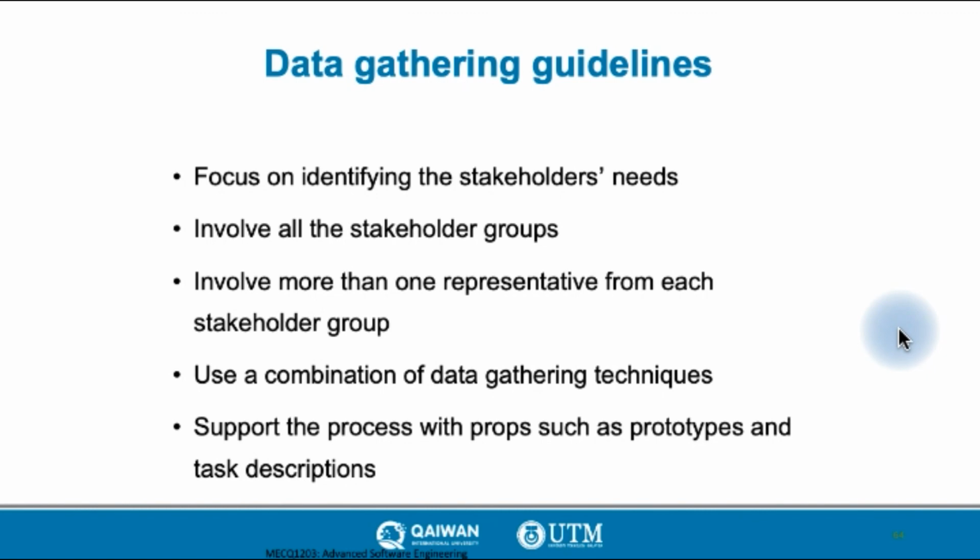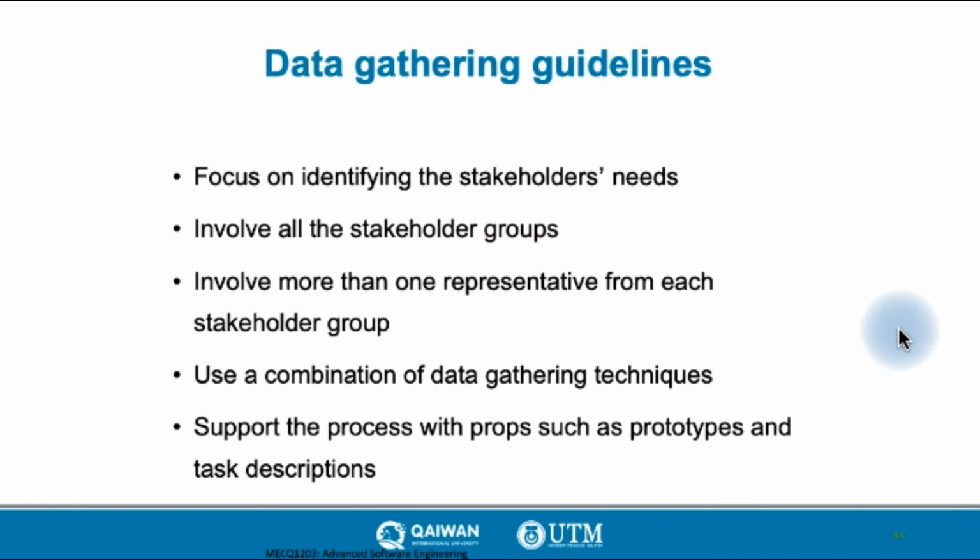So we have to identify the stakeholders, go and meet them, and get requirements from them to apply in our new system. Then involve more than one representative from each stakeholder group. We have to get as many stakeholders as we can, have conversations, and get data from them to know what they actually need.